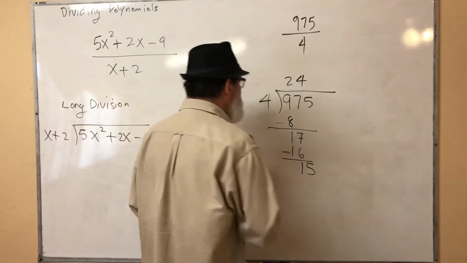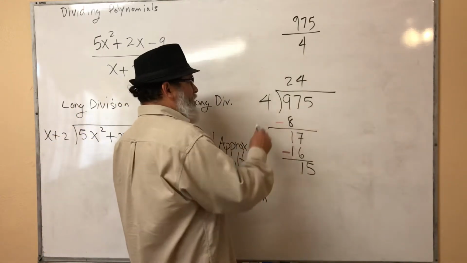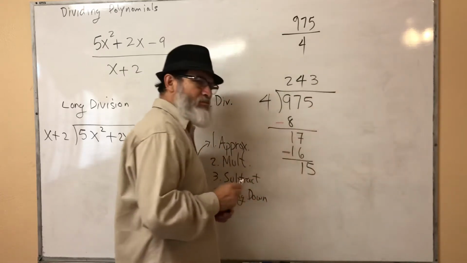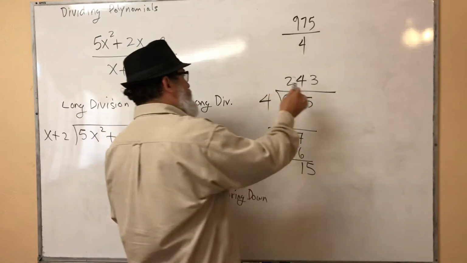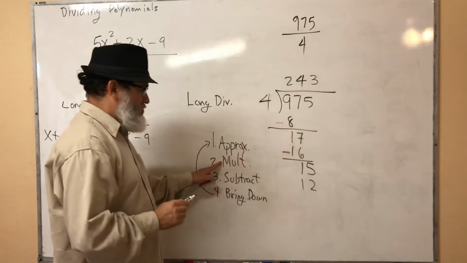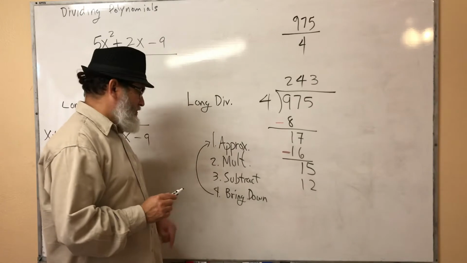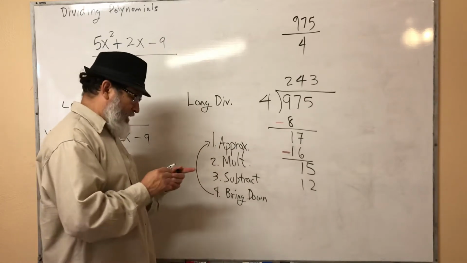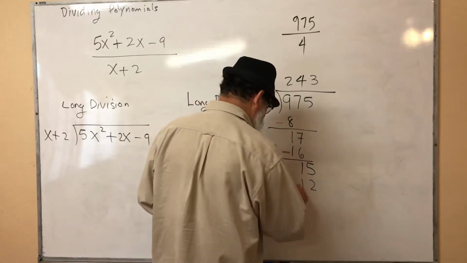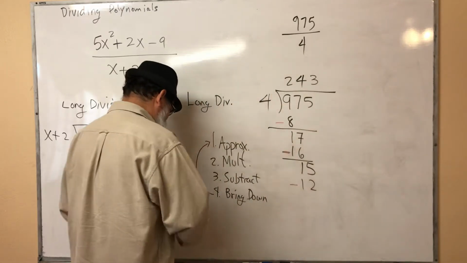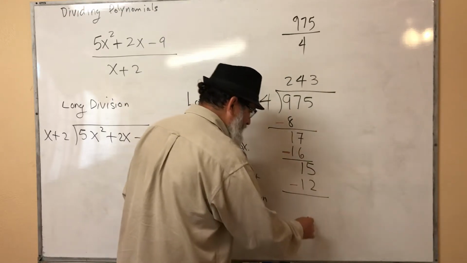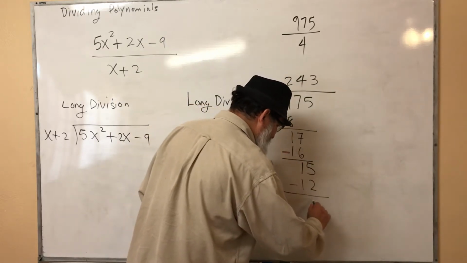Approximate. 4 into 15, 3 times. 3 times 4 is 12. Multiply. Next is subtract. Put a negative right there. And do the subtraction. And this is 3. 15 minus 12 is 3.